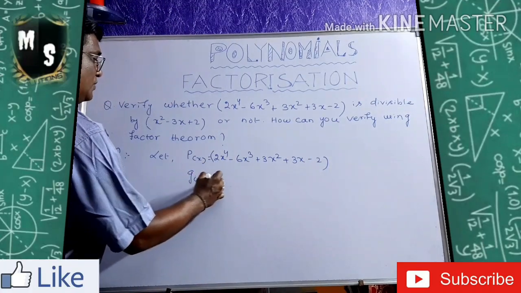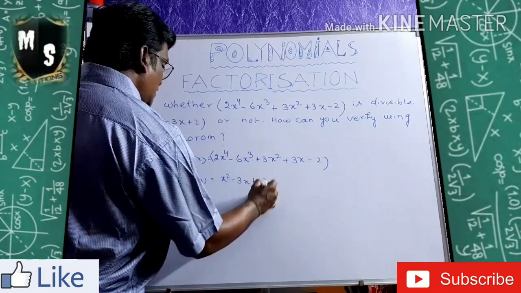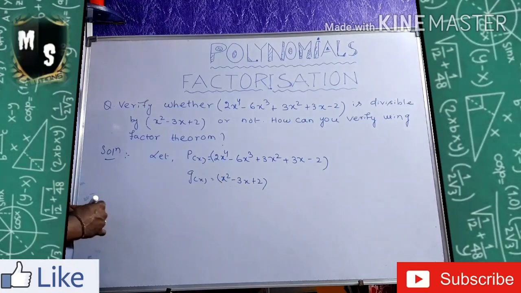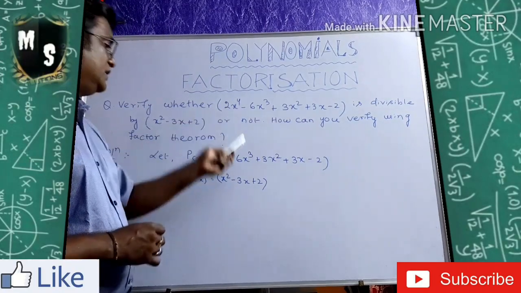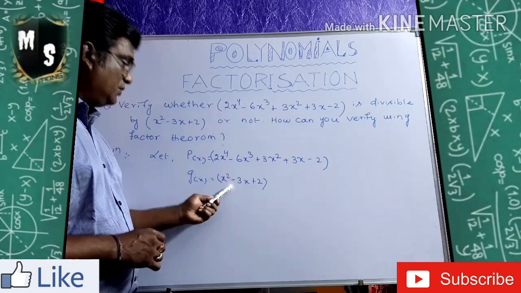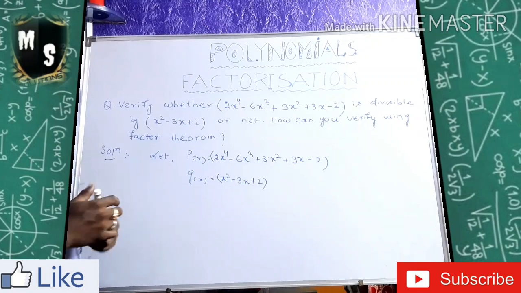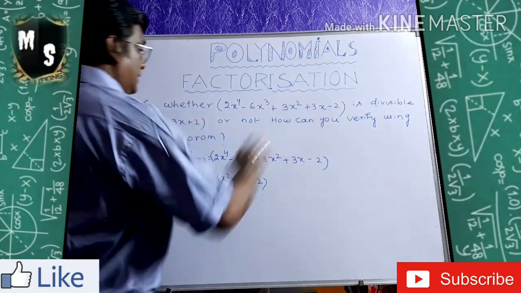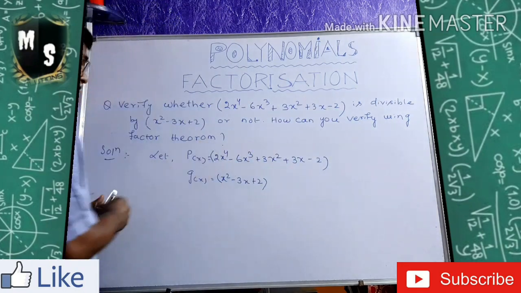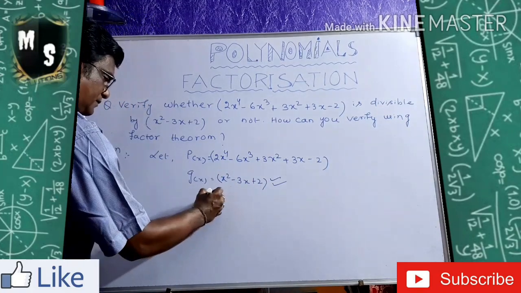Write the gx also: x square minus 3x plus 2. Now we are going to see whether this polynomial is divisible by this or not. So this is the divisor, this is the dividend. You understood? If this type of question is there, using factor theorem you have to verify. First you will start from gx. What is gx given? This much.